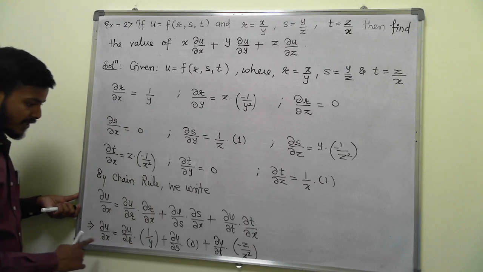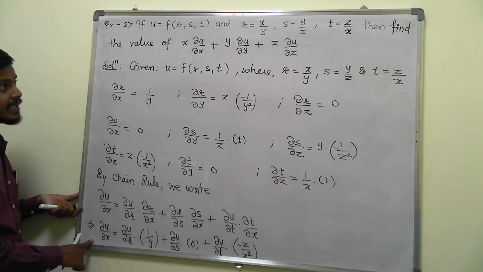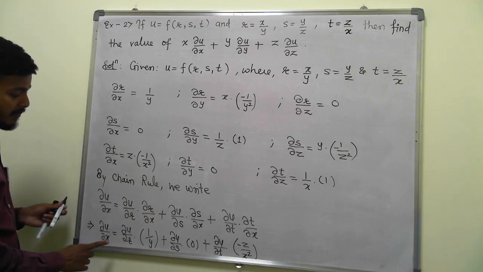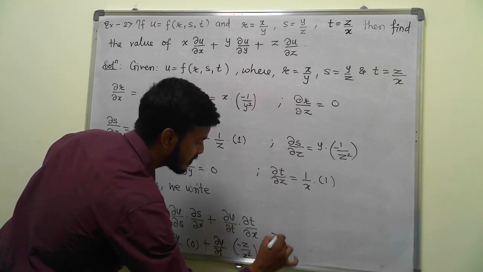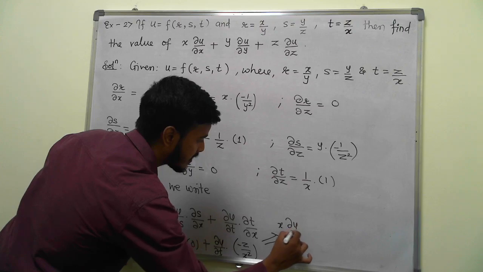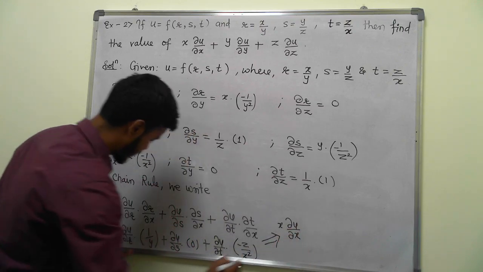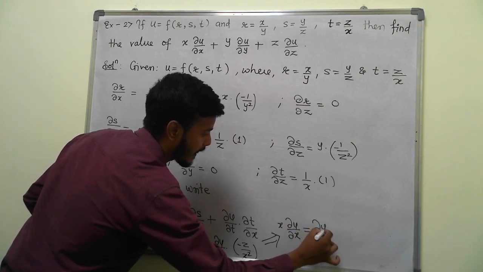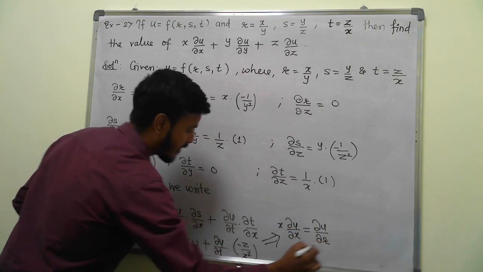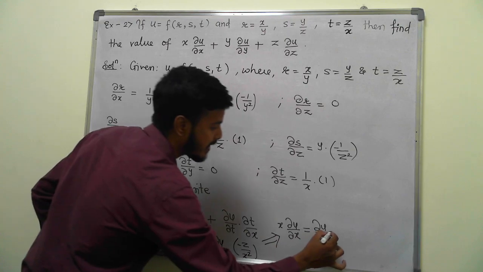Now multiply this equation by x. The moment you multiply this equation by x, I am writing it here. So this is x del u by del x is equal to del u by del r into x by y.